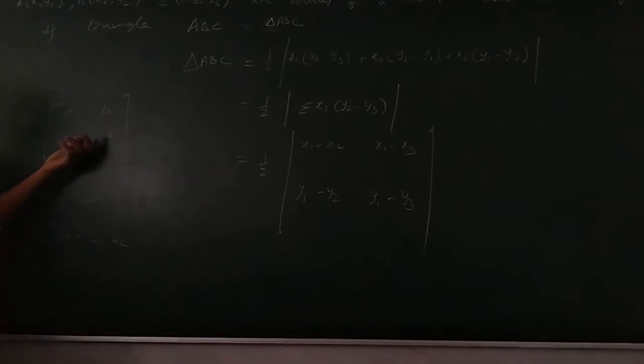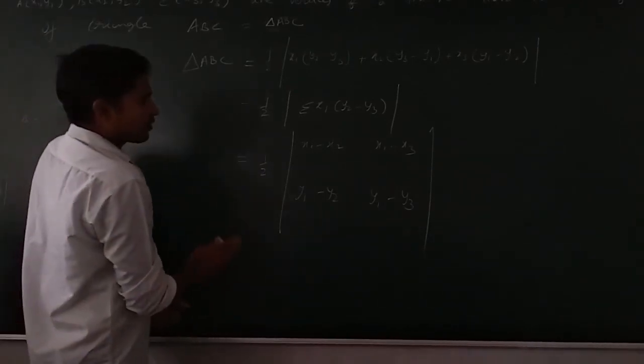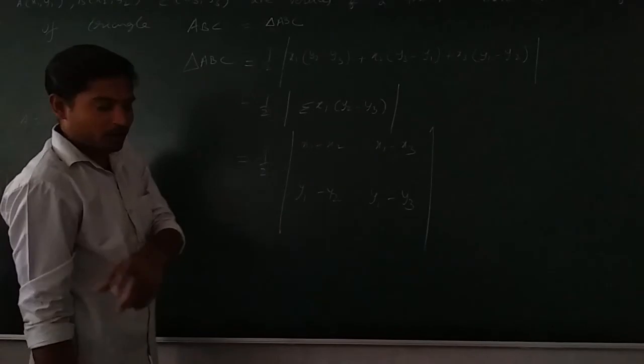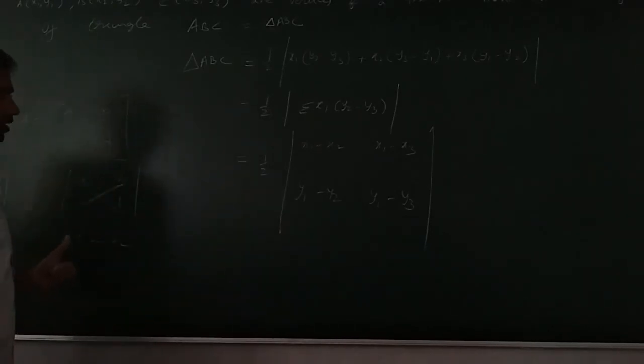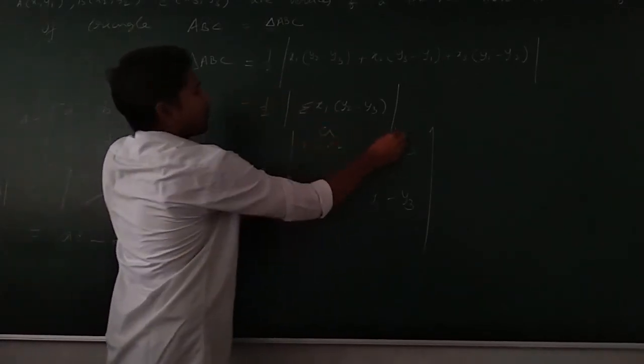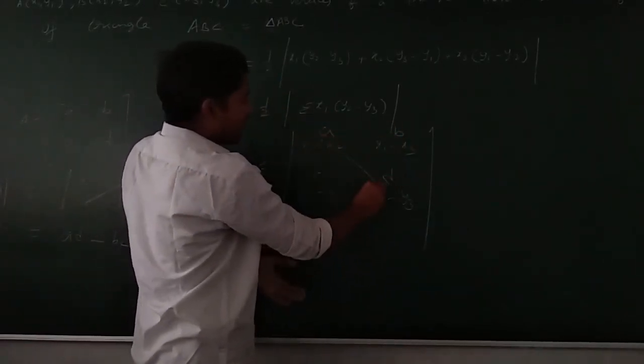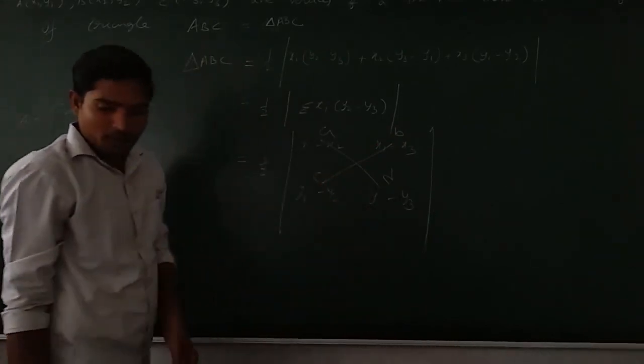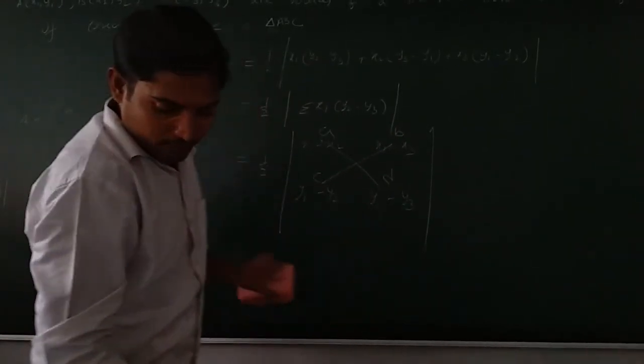Find the difference between the cross products. So the determinant of A is ad minus bc. You can get it.